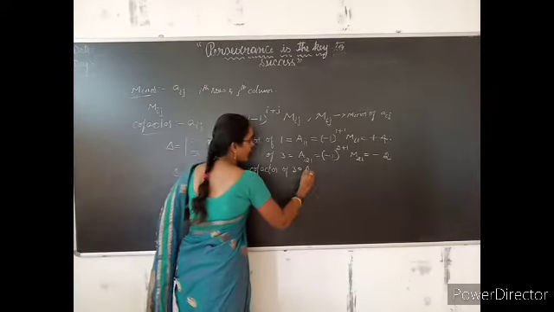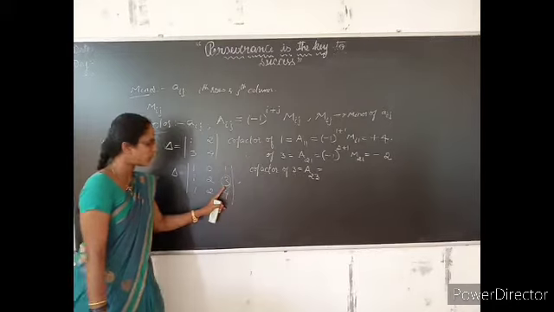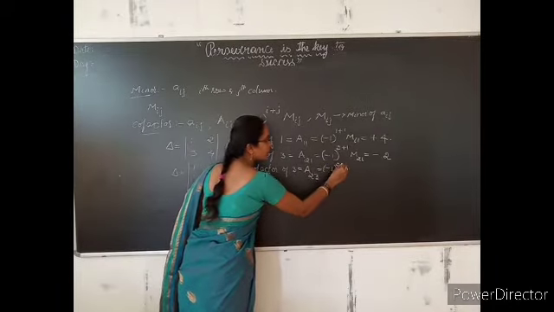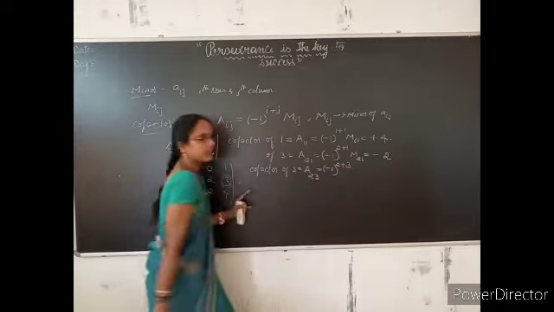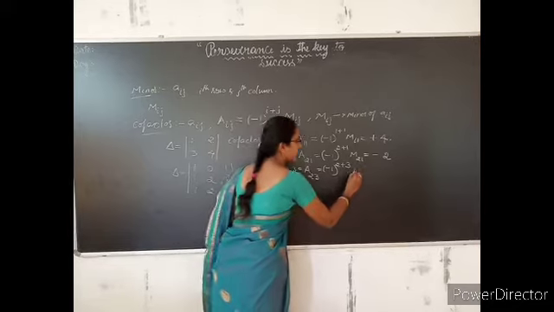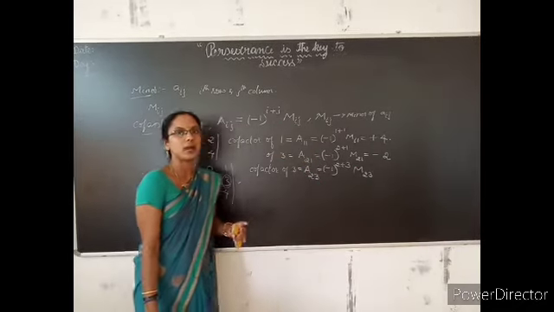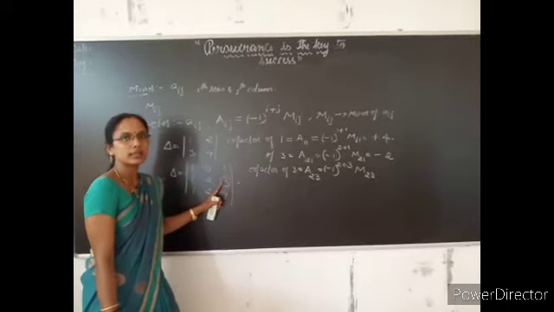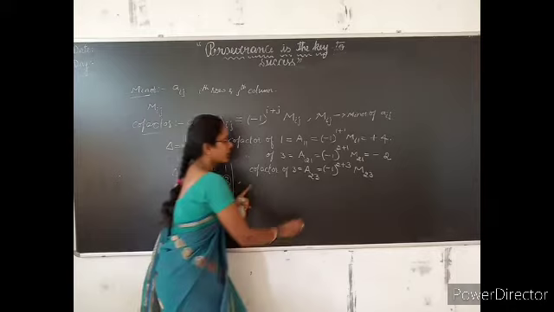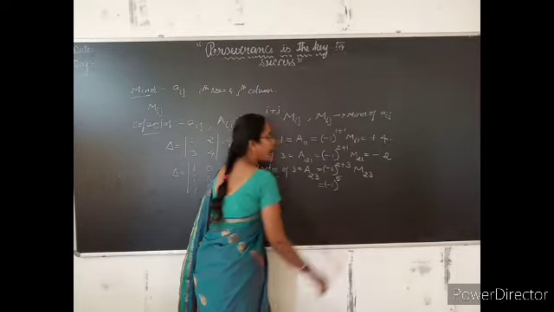Therefore, this is A23. Write the formula: minus 1 to the power 2 plus 3 into M23, where M23 is the minor of the element 3 here, that lies in the second row, third column. So this equals minus 1 to the power 5 into M23.